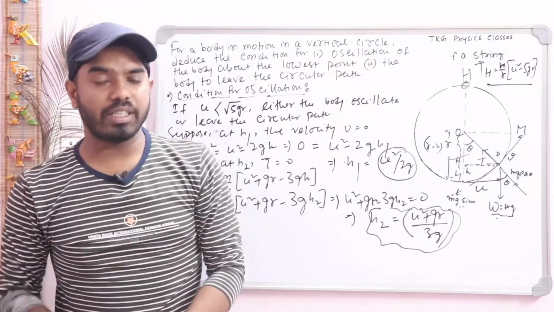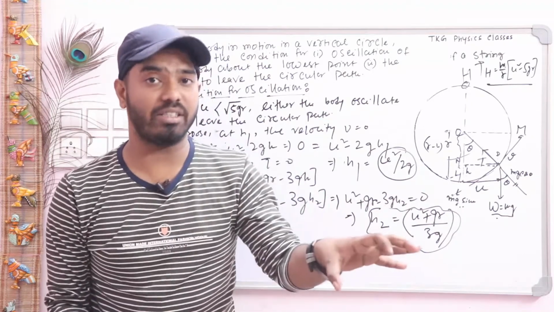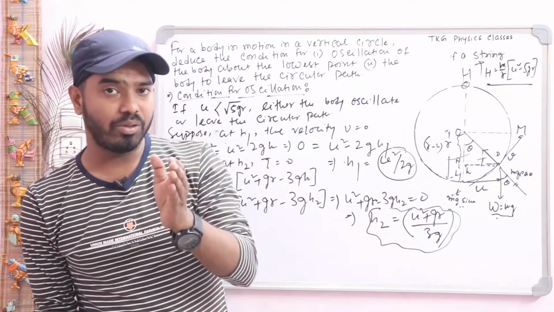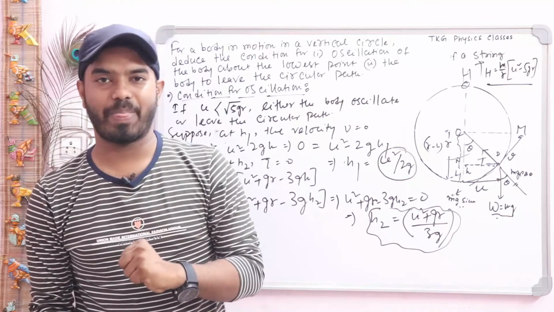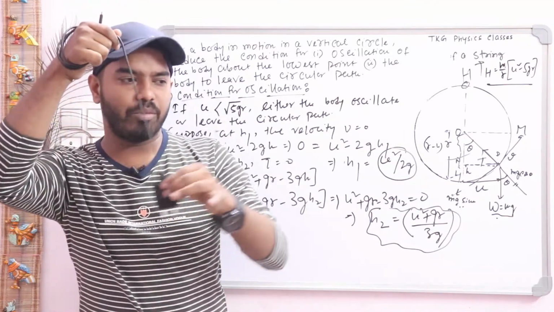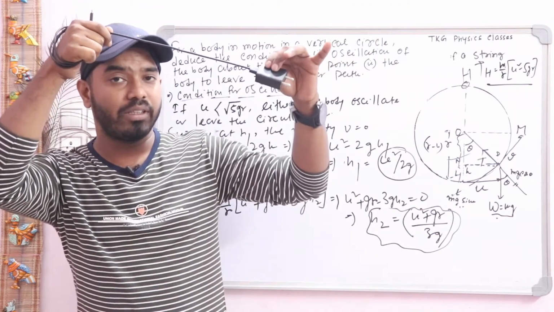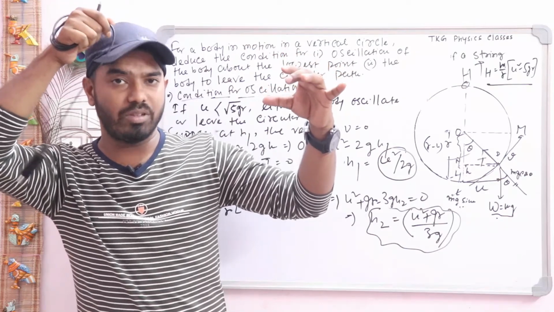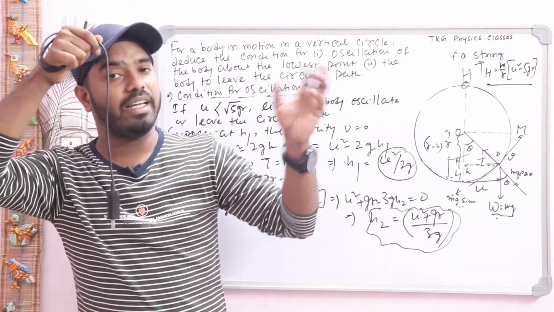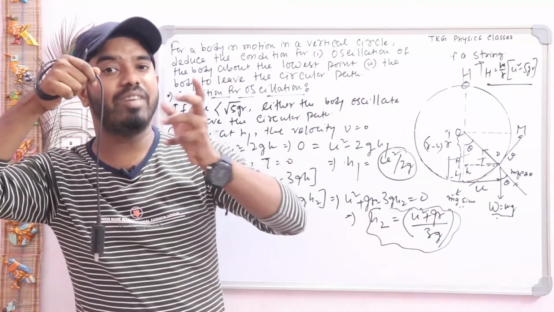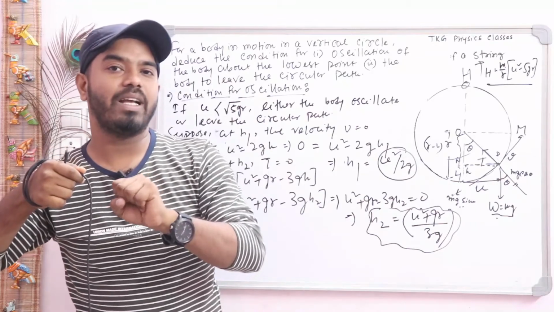So the condition of oscillation is when the velocity of the body becomes 0 earlier than the tension. When velocity is 0 earlier than the tension, in that condition the body oscillates. And the reverse one: when the tension is 0 earlier than the velocity, in that condition the body leaves the circular path.